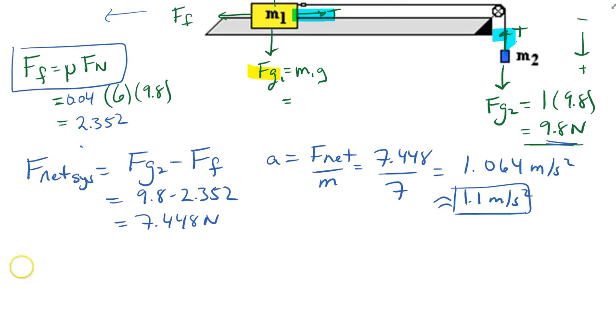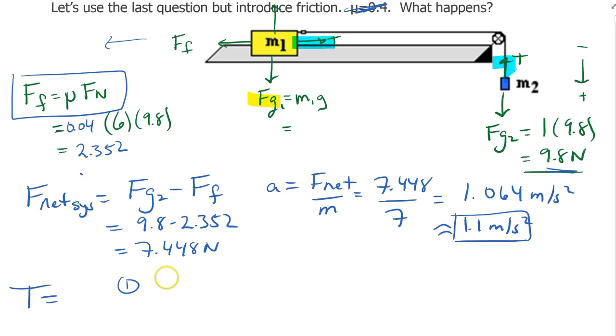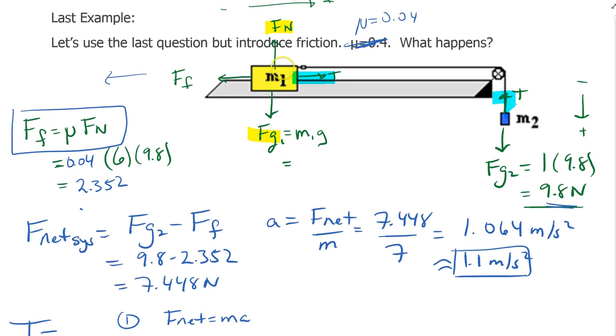The last step is to find the tension. And we can take either of these free body diagrams. If I take equation number 1, I have to do an F net equals ma statement. What is the F net? Well, the normal force and the force of gravity are going to cancel each other out.